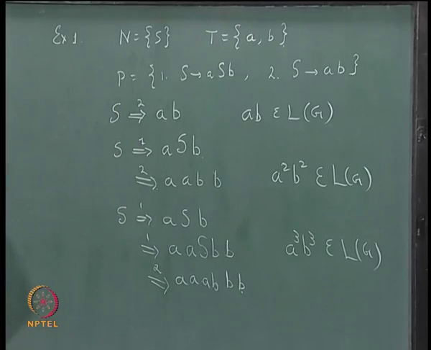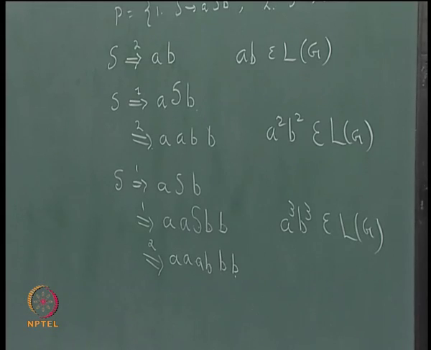Now, you see the pattern. Whenever you apply rule 1, one A is generated, one B is generated, in between you have the S, and finally, when you replace that S by AB, another AB is generated. So, at any step you have an equal number of A's and an equal number of B's, and not only that, the A's occur first and then the B's occur next.